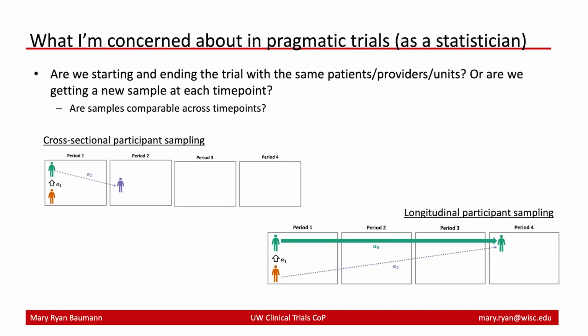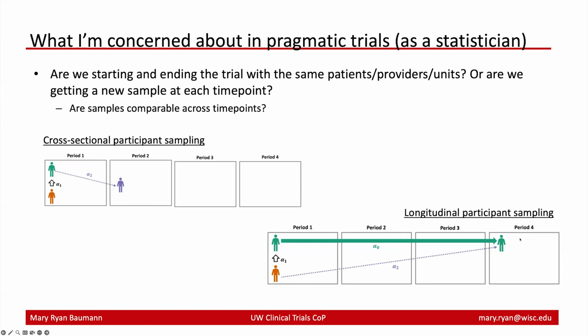I also think about if we are going to see changes in our population over the course of the study. So are we starting and ending the trial with the same patients and providers and units, or are we getting a new sample at each time point? And are those samples going to be comparable across time points? So it's this idea of we could start our trial with the same people and follow them all the way to the end of the study through multiple observations, like you would in kind of longitudinal sampling.